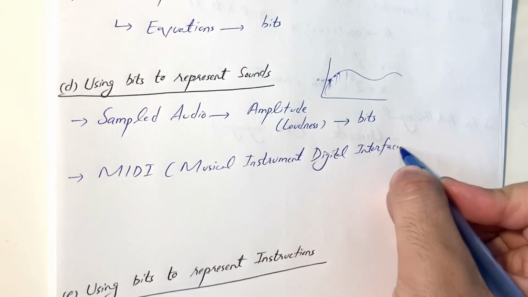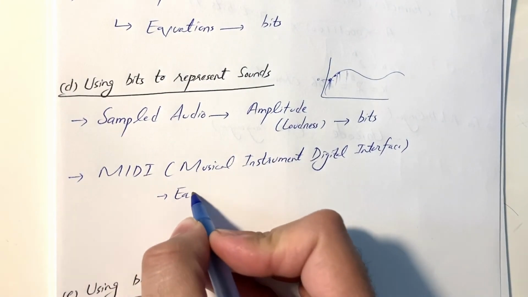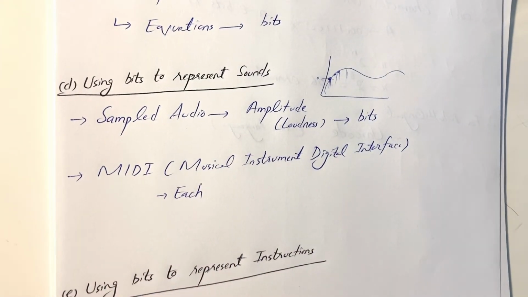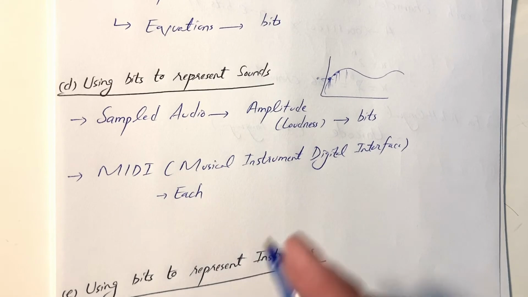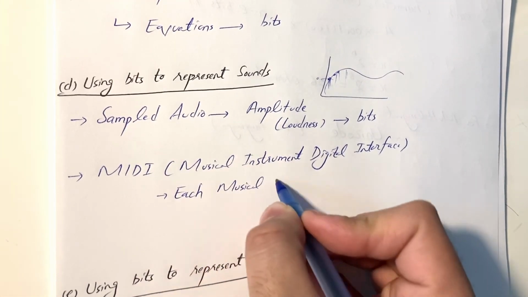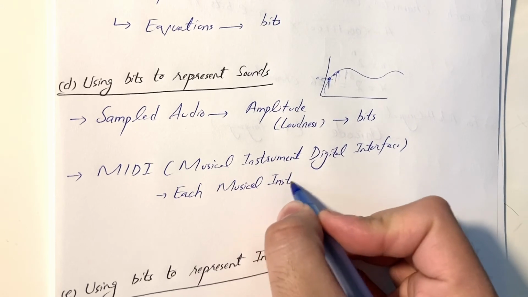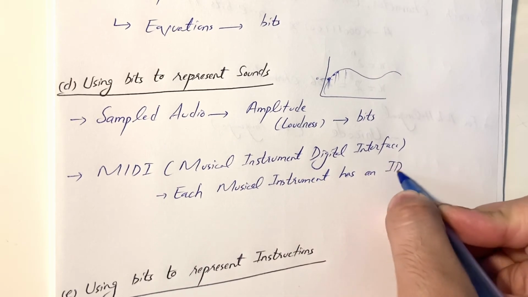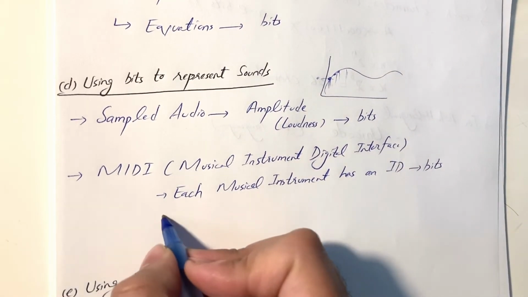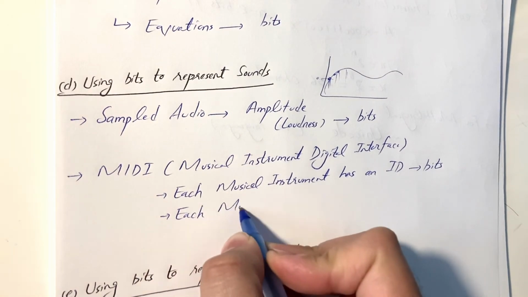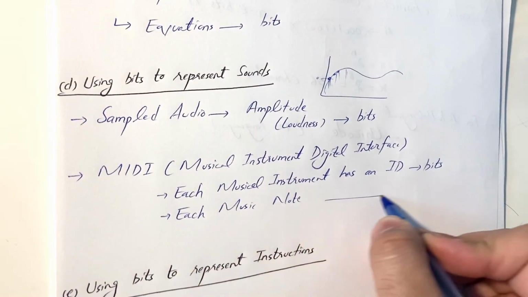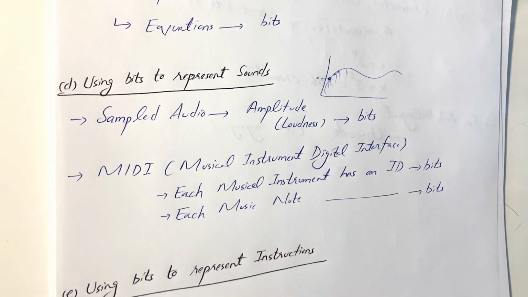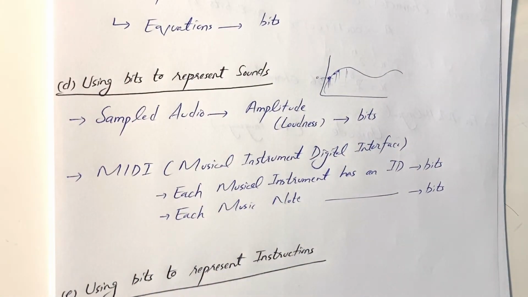Each musical device, for example a piano, guitar, or any other musical instrument, has a unique ID, which is represented in the form of bits. Similarly, each music note has a special ID, and that ID is represented in the form of bits. We will discuss all these conversions in chapter number 4 and chapter number 5.